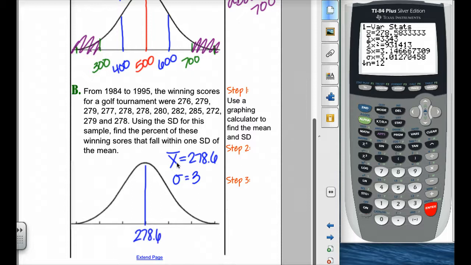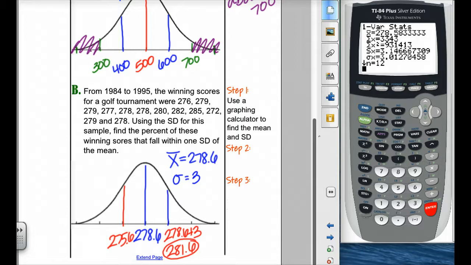That means that 1 standard deviation above is going to be 278.6 plus 3, which means I'm going to have 281.6 above, and below I'm going to take 278.6 minus 3, so 275.6.